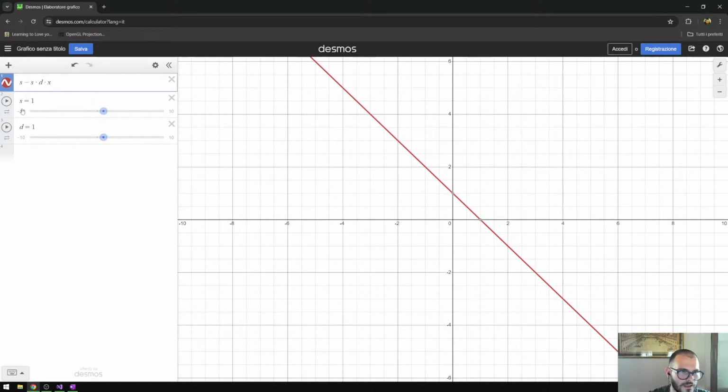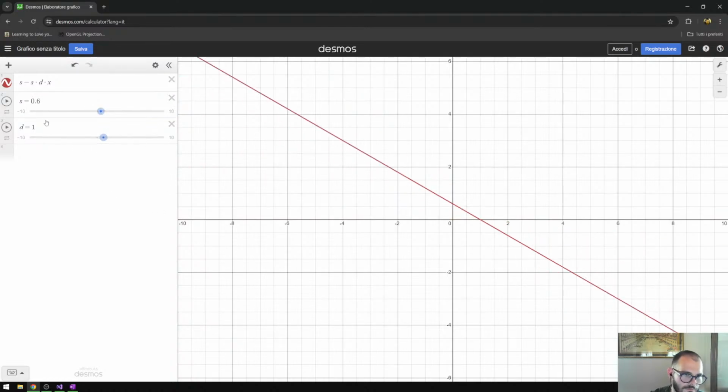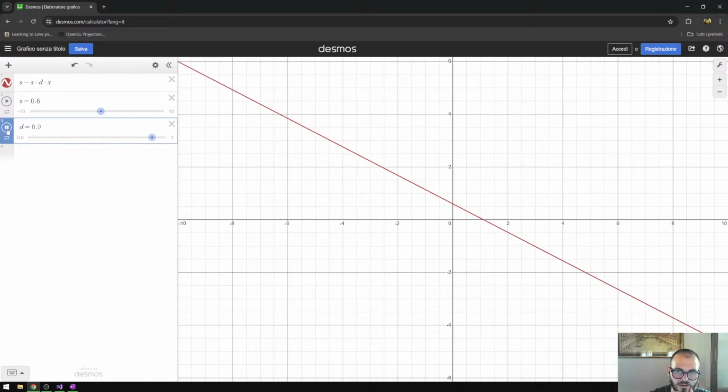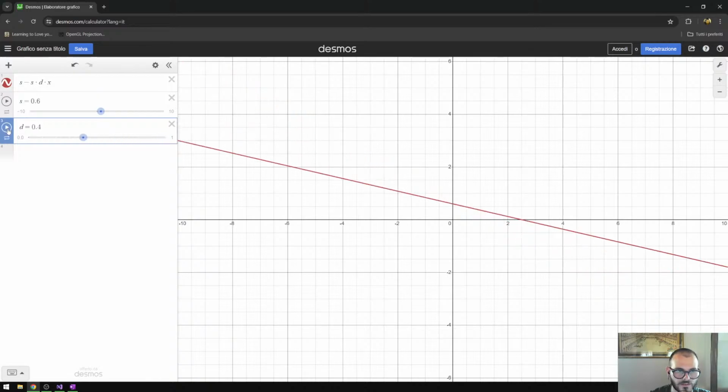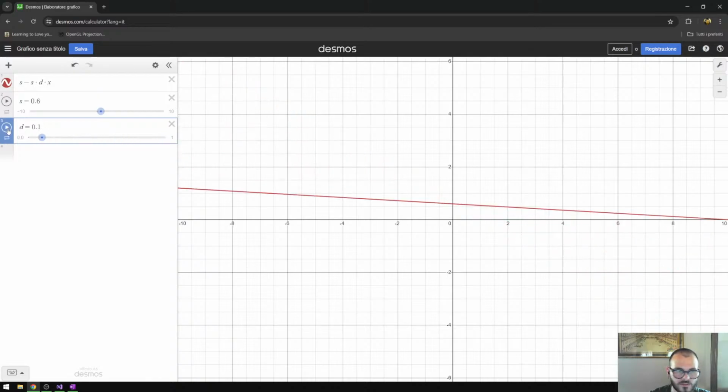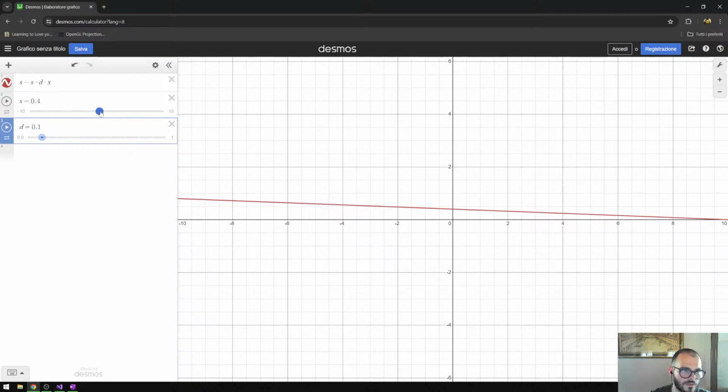The start can either be negative or positive. Let's say minus 10 and 10. The damping should go from 0.1 to 1 at increments of 0.1. Seems fair enough.